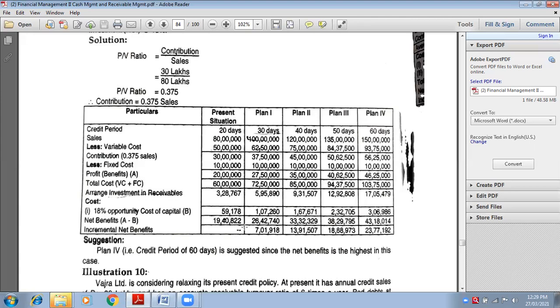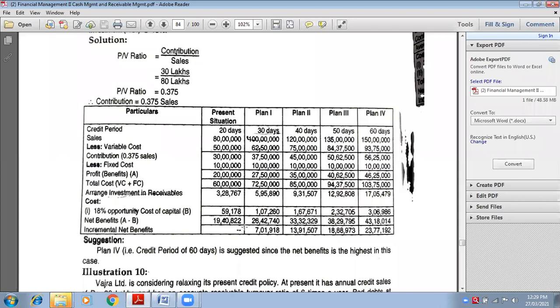Yes, ma'am. So similarly, you have to do it with present situation and plan 2. 33 lakhs 32,329 minus 19 lakhs 40,822. So is it 13 lakhs 91,507? Yes, ma'am. Do it for plan 3 and 4 and let me know the answer. First do it for plan 3.